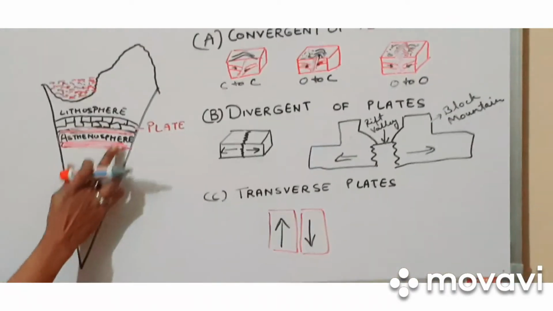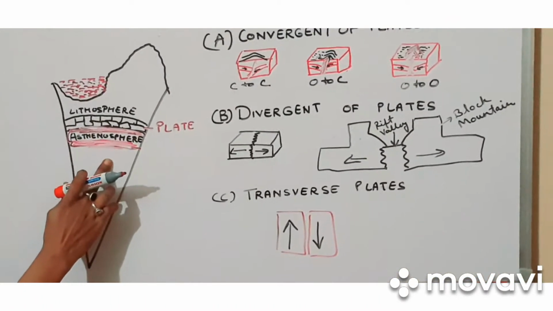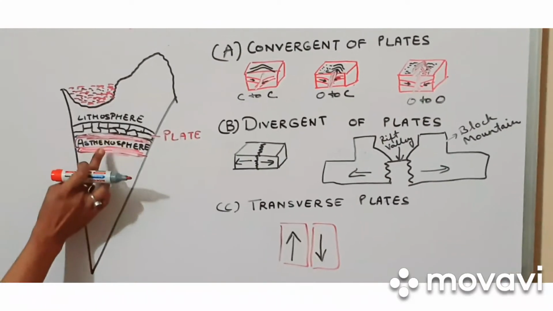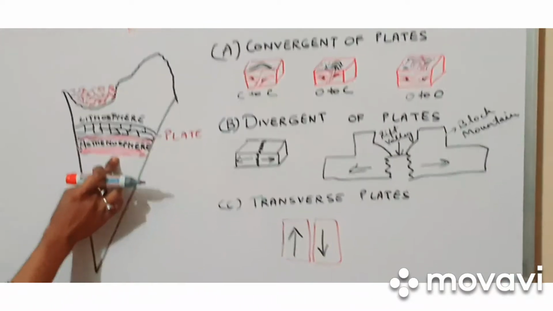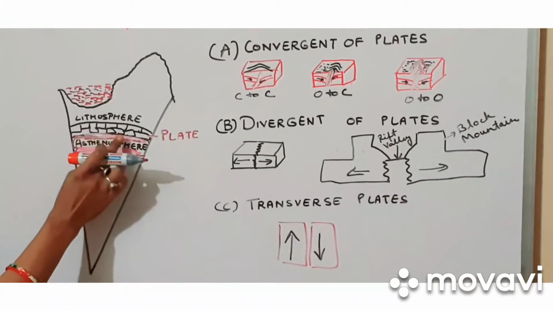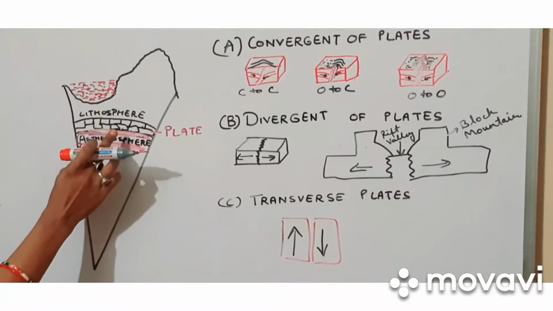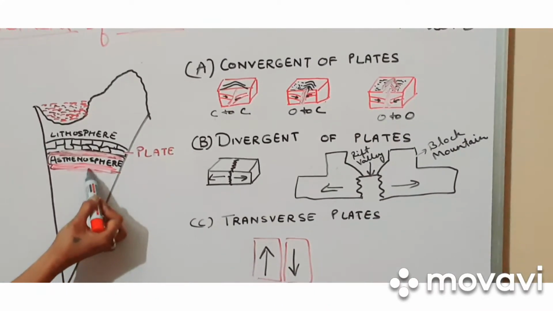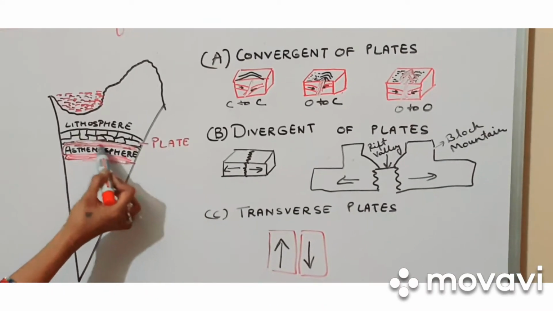So due to change in temperature, convection currents form, and these currents are responsible for the disturbance or movement of plates.